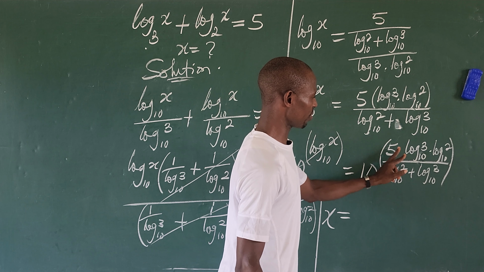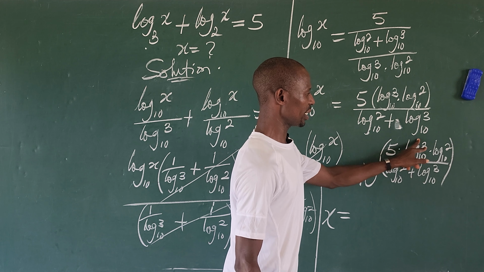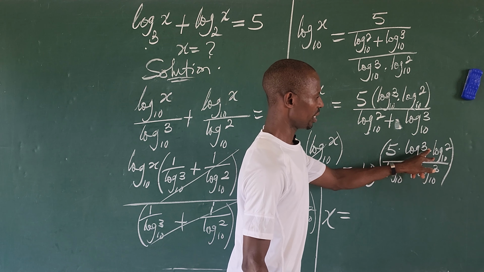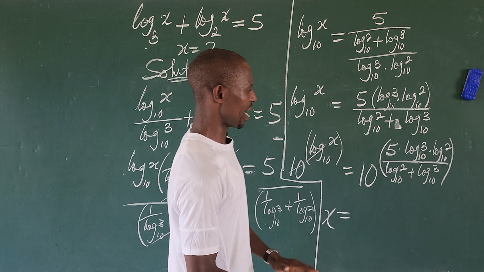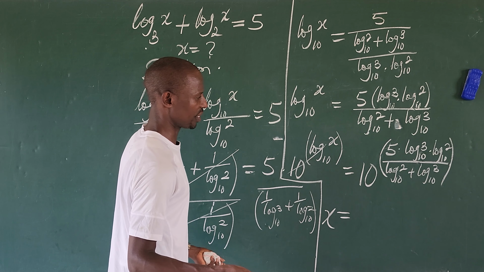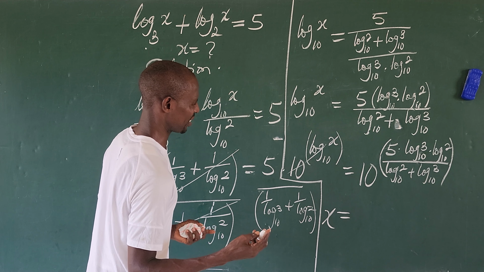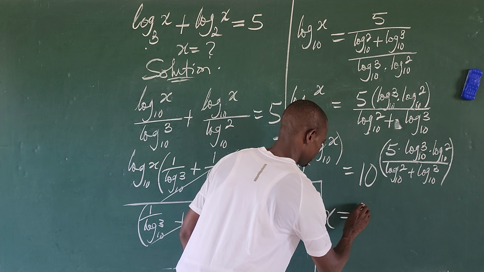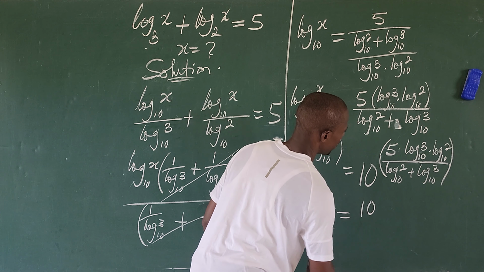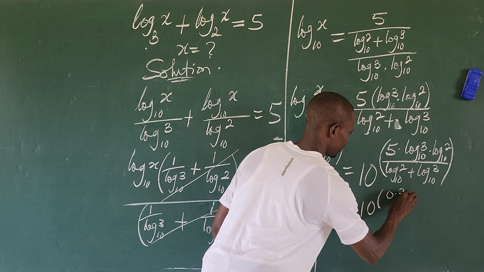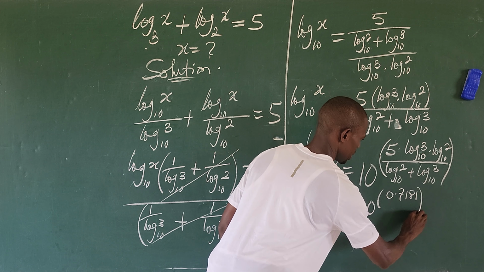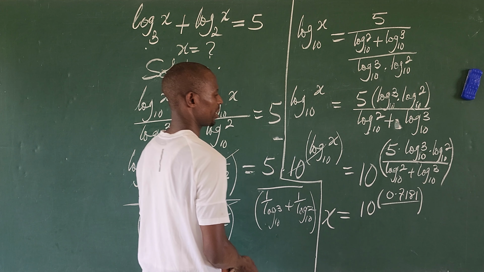If we find the numerical values of log 3 base 10 and log 2 base 10, this multiplied by 5 is going to give us 0.7181. We're going to have 10 to the power of 0.7181 all over the sum.